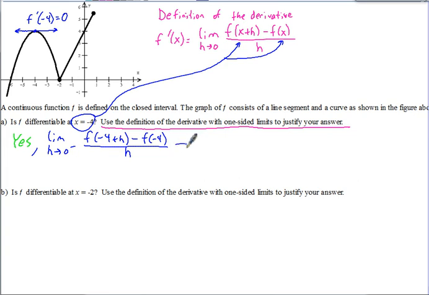And then that equals the right hand limit. So one-sided limits, that means your left and right hand limits, as h approaches 0 from the right, of f of -4 plus h minus f of -4 all over h.